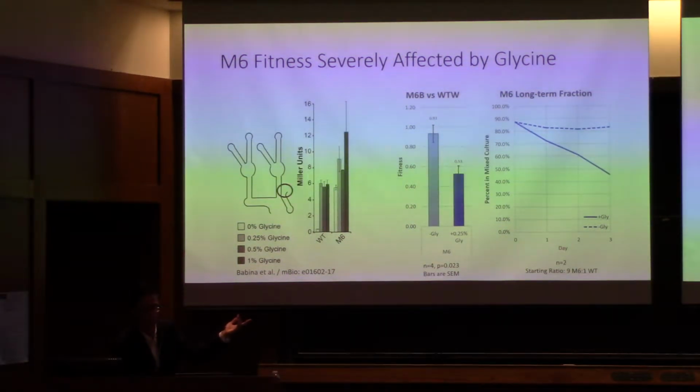The long-term experiment makes it even more apparent. If you look at the solid blue line, that's the percent of the population in the mixture that is M6. You see about a 50% decrease in percent throughout the span of the experiment.